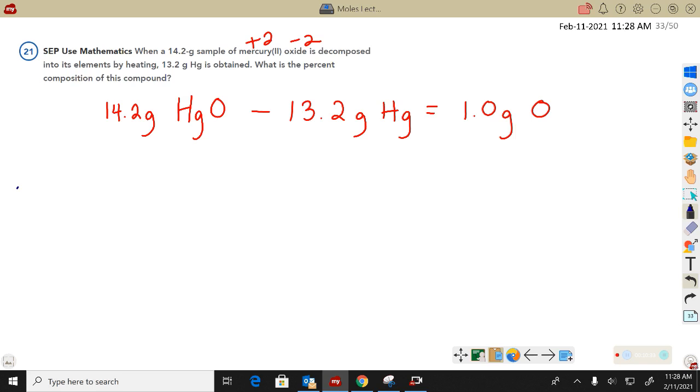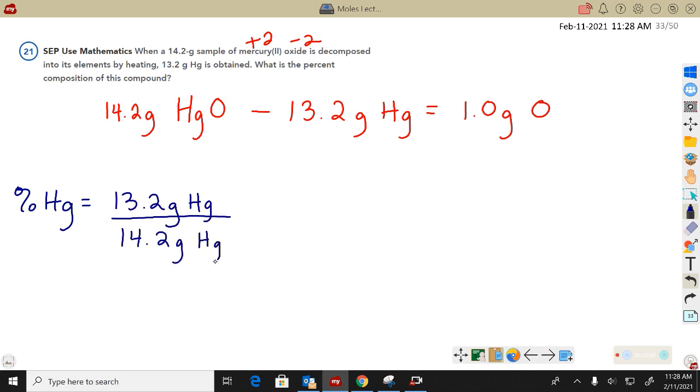Let's say I do percent mercury. That would be mass of the mercury divided by mass of the compound, 14.2 grams of mercury oxide, times 100 to give me a percent. All right, so 13.2 divided by 14.2 times 100.